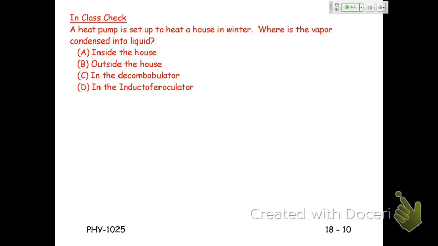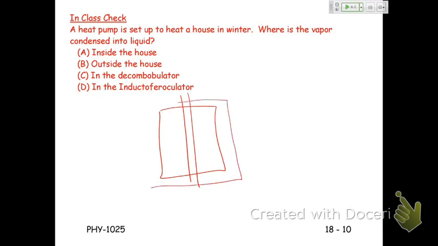A heat pump is set to heat the house in winter. Where is the vapor condensed? Well, wherever you have condensation, you have heating. So if I want heat inside, then condense inside.